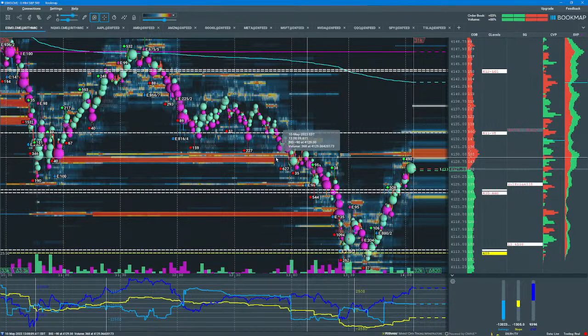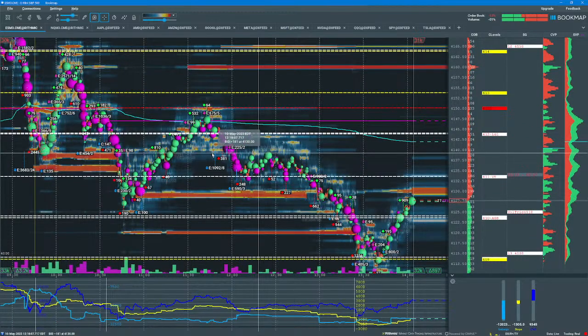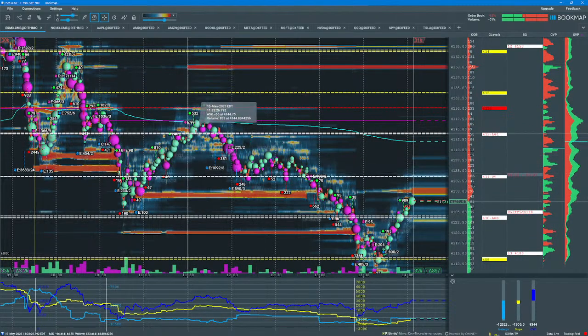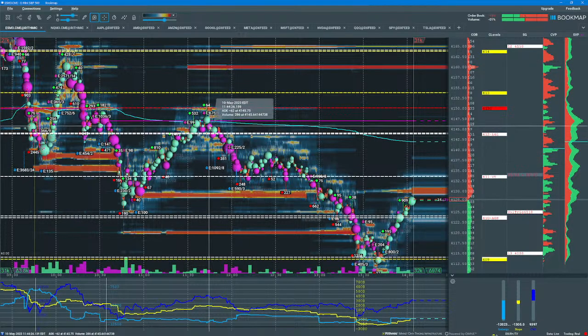So price moved back up and then reversed lower again, just around 11:30 to 12.